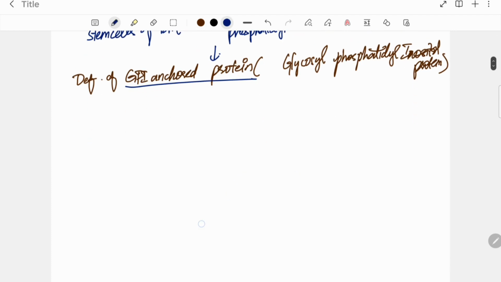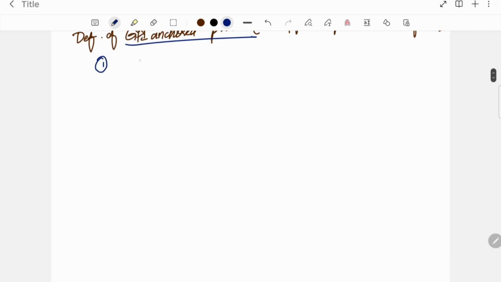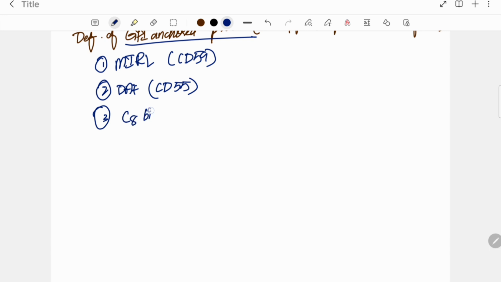So what are the GPI anchor proteins? One, it is the membrane inhibitor of reactive lysis, which is CD59, and second, decay accelerating factor, which is CD55, and third, it is the C8 binding protein.